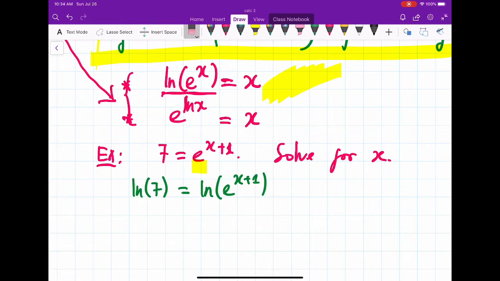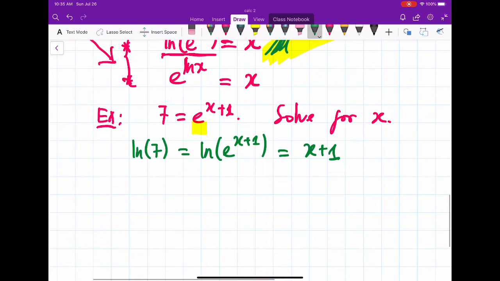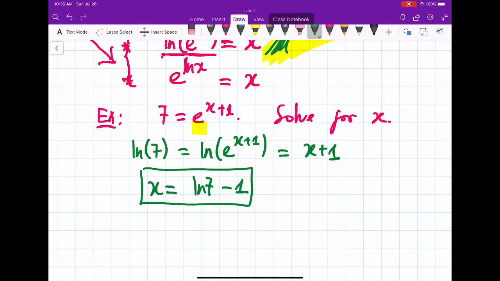And then what's this? This is just x plus 1, right? Because of the first identity. And from here, you get x equal to ln of 7 minus 1. Okay? So that's how we can solve such equations involving exponential functions.